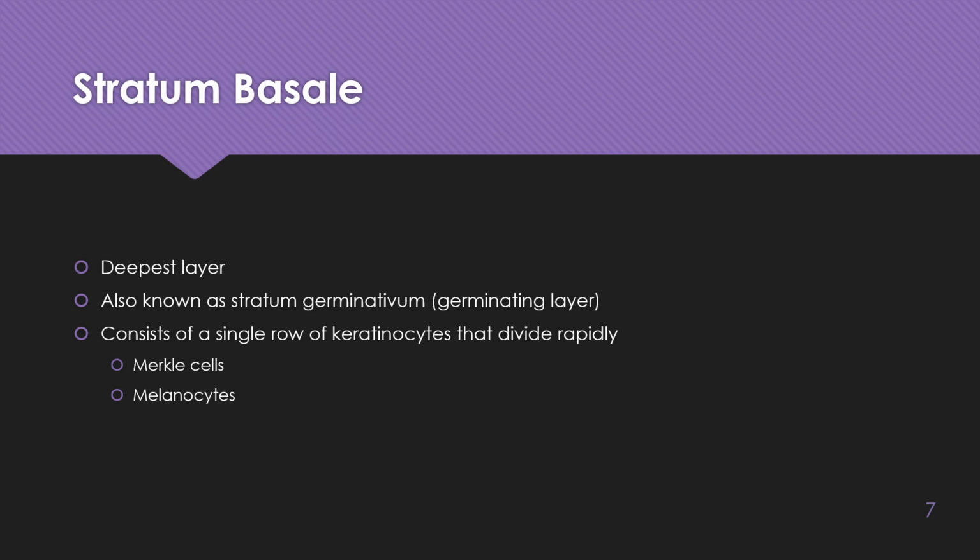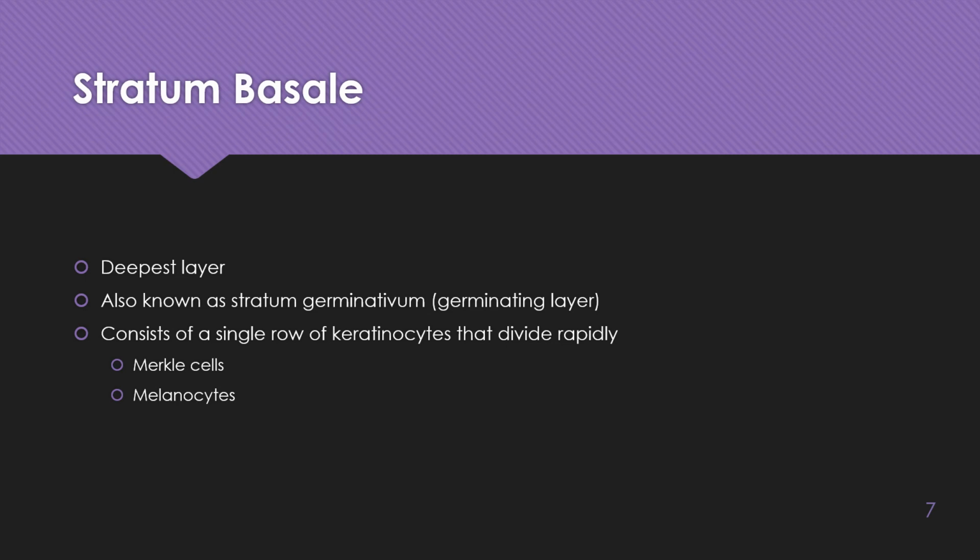And in terms of the details of this layer, or this stratum, it's a single row of keratinocytes that are going to, again, divide very rapidly. We've got Merkel cells within this layer, and they are going to contain sensory receptors. So these are going to help us to sense changes in touch, or sense the sensation of touch, basically.